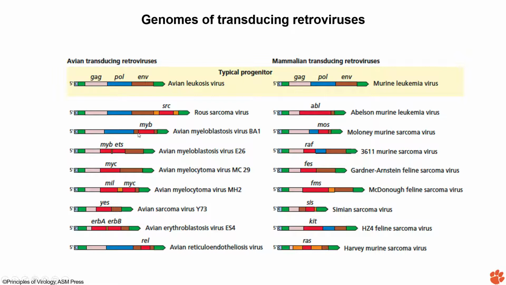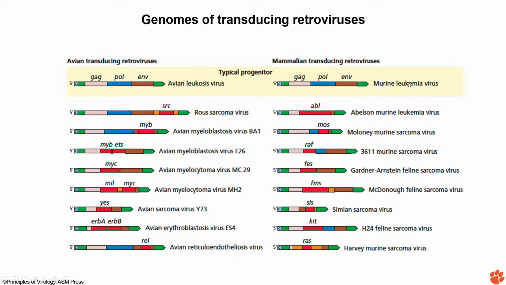See the brown in here. See right here the blue POL is deleted. So that's basically what it is. Sometimes instead of just one oncogene, some of them can have even two oncogenes. And these are all defective, but they can all grow with the helper virus in the cell. So that's one of the things.